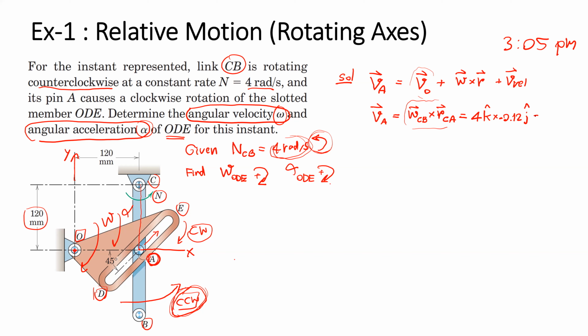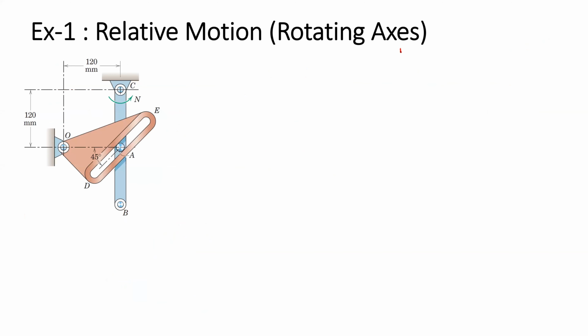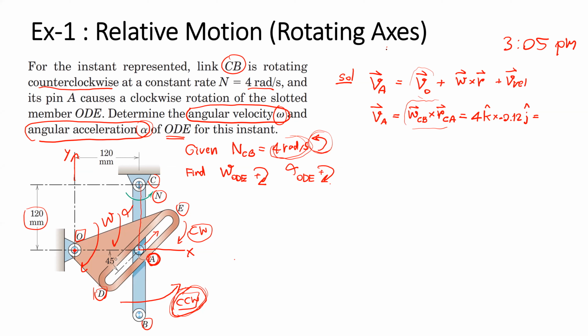By obtaining the cross product, K cross J is minus I, but we still have the minus here.